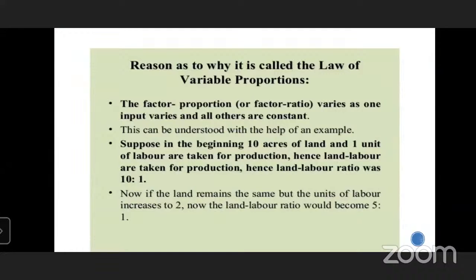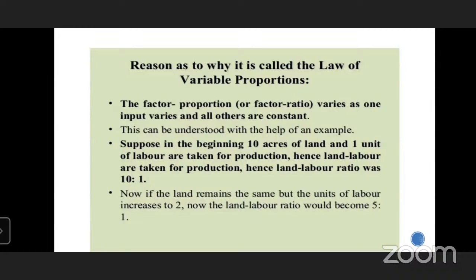So I have taken a numerical example so you can understand that. The question is that suppose in the beginning 10 acres of land and 1 unit of labor are taken for the production. Hence the land labor ratio is 10:1. But we go on increasing labor by 1 unit, and the output will be changing by other units.